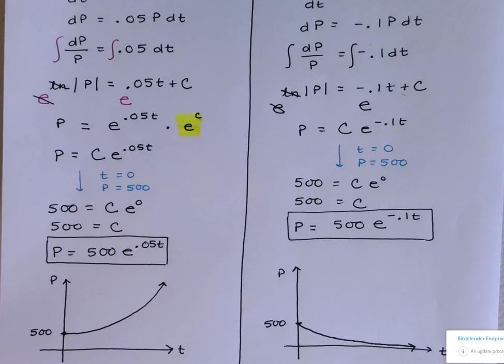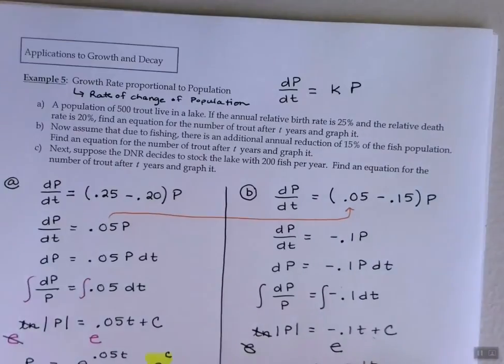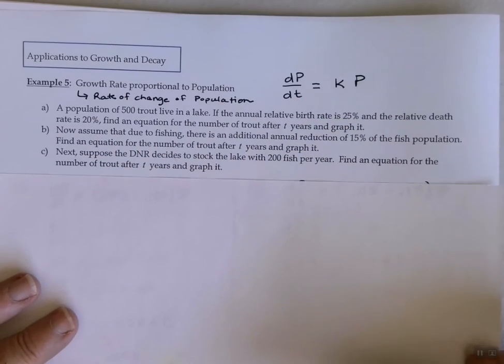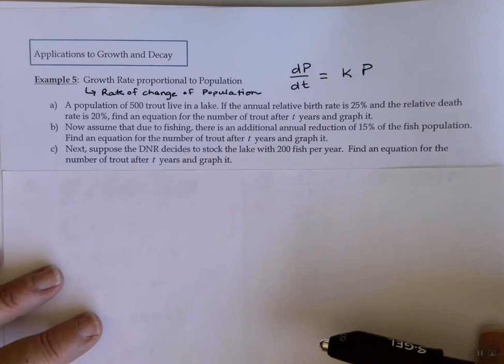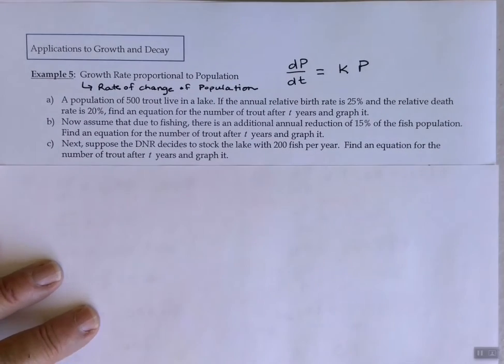All right, the third one is a somewhat interesting one, and I'm just going to put this on a blank sheet of paper since I'm out of space. In part C, next we're going to suppose that everything up here is still true, but the DNR decides to stock the lake with an additional 200 fish per year.